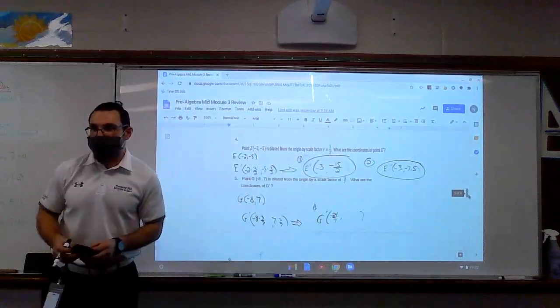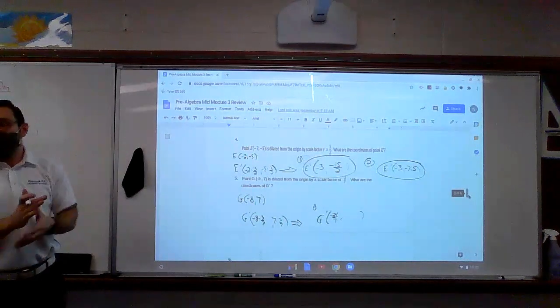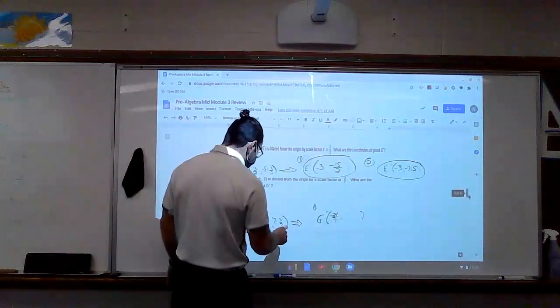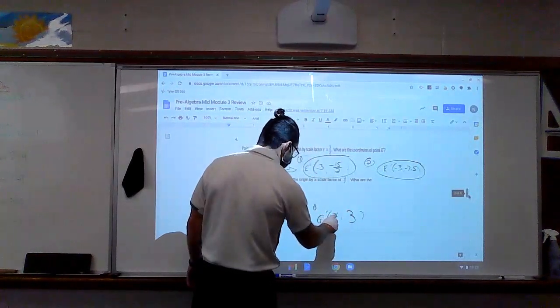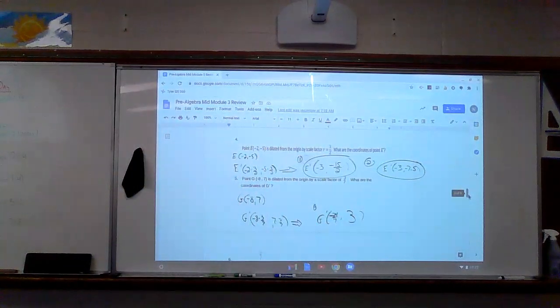Leave that one as a fraction. Does that make sense? It doesn't terminate nice and easily, so leave it as a fraction. 7 times 3 is 21, divided by 7 is 3. Make sure that your first answer is a negative. If you forget the negative, you will be marked wrong. Questions, concerns, problems so far? Okay.